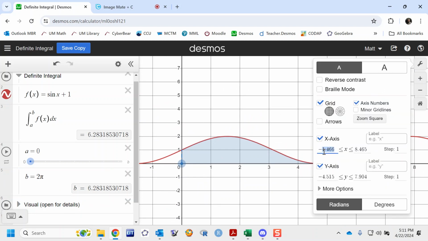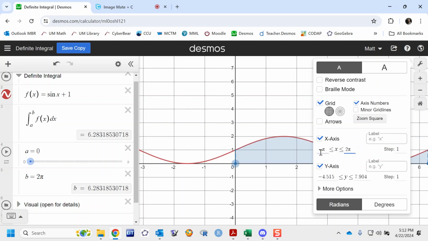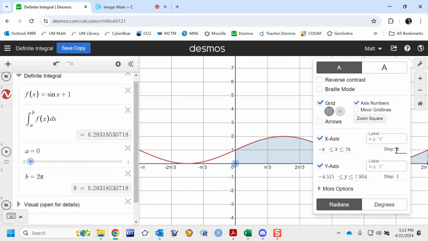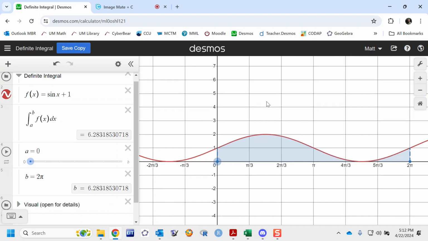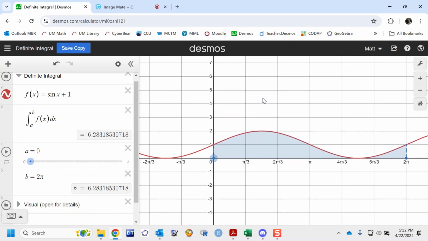I always like with these trig ones to go in multiples of pi, so negative pi to 2 pi on the x-axis and step by pi. There we go. So we can see here's where pi is now, and this is the piece right here and here that I said fit over the top right there and there. So you can see that the value of the integral appears to be equal to 2 pi, just like we thought.